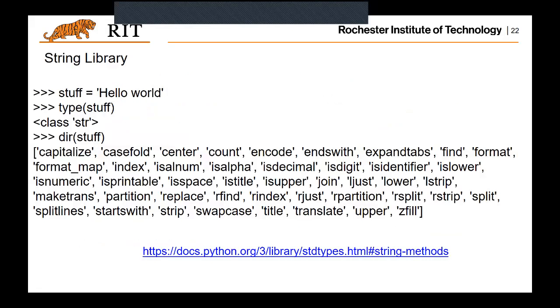What you could do is use the dir function. You need to first define a string and use the dir function. It will return all the supported functions in the library, and there are quite a few, right?